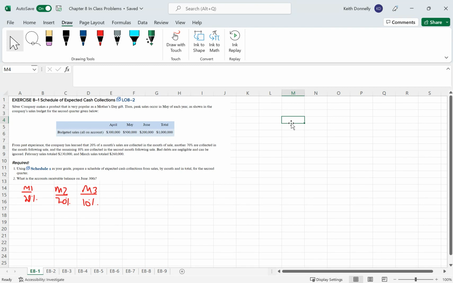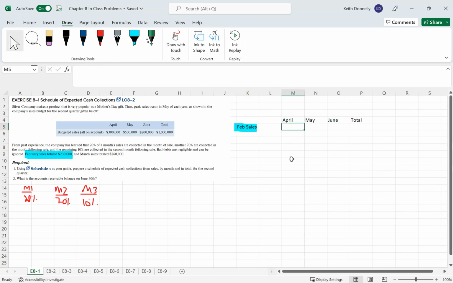So let's create a little chart here. We can have April, May, June, and then total. So for February sales, we can make this blue. They're saying February sales total $230,000.